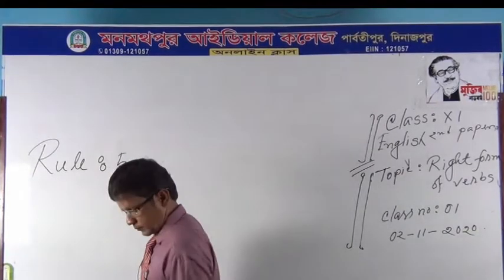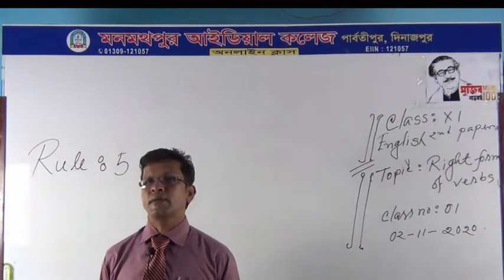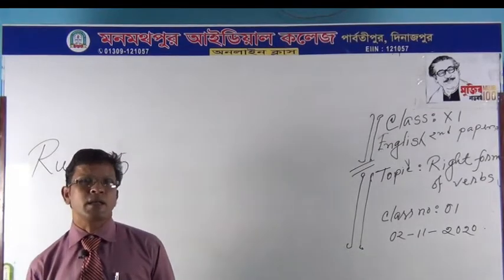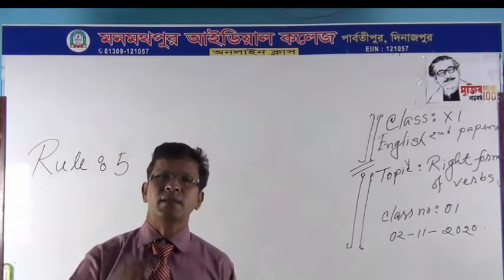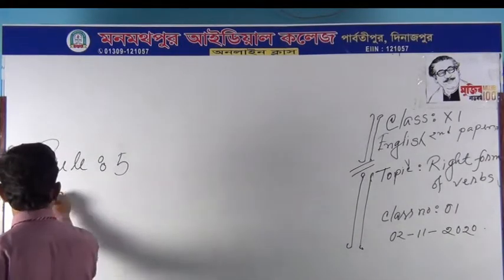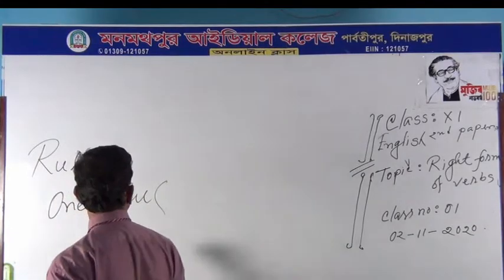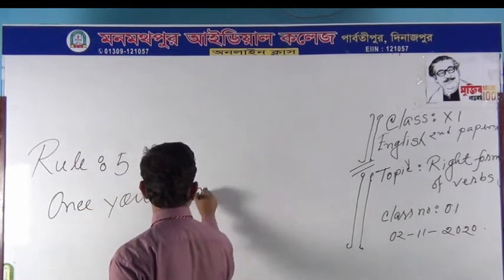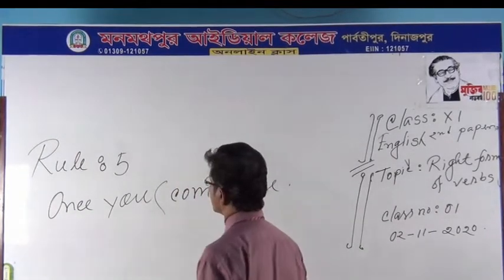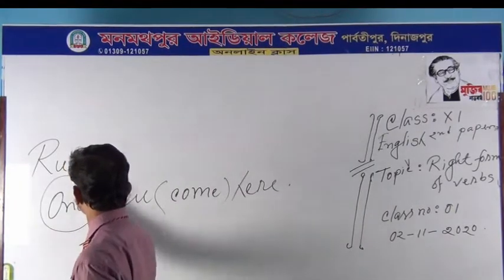Rule 5. If you notice once, yesterday, last related any time, or past related any time in the sentence, you will use past indefinite tense in that sentence. For example, notice the students will find once.